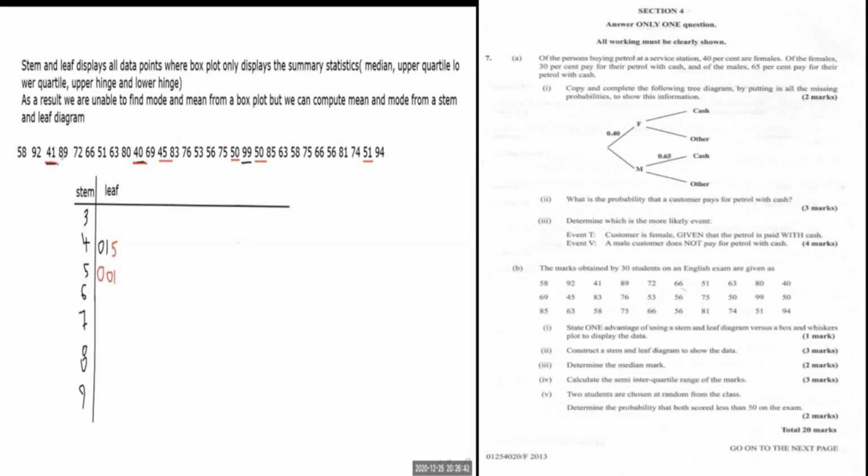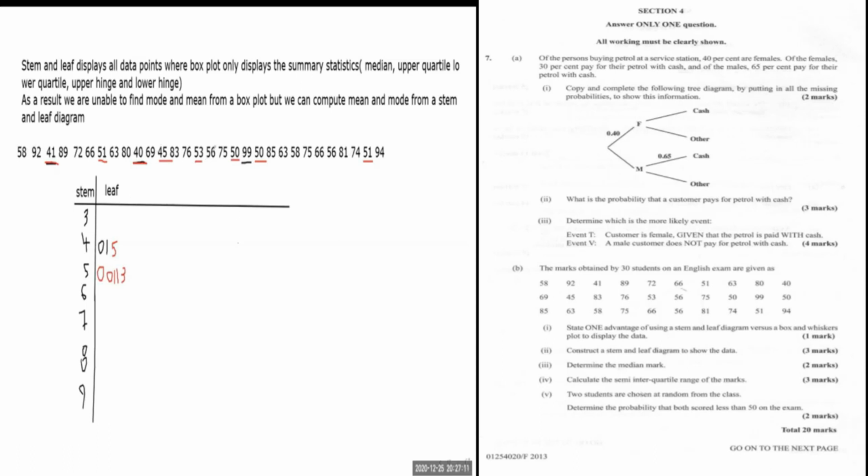Is there any 52? I don't see any 52. This is another 51, another scraper. So I'm going to assume that the next one is 53. Here's 53. No more 53.